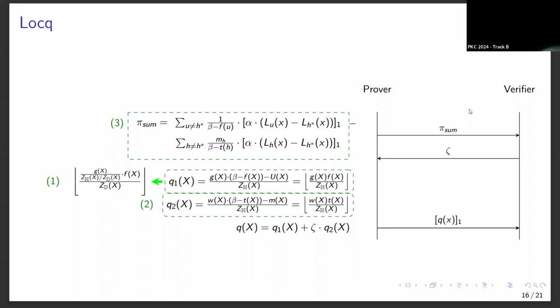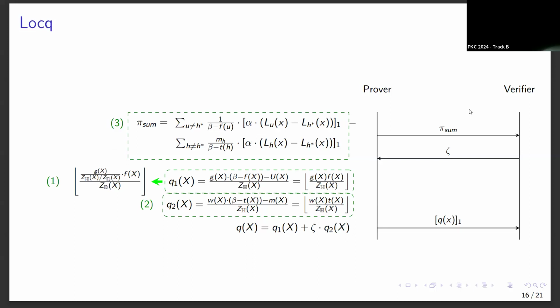Without diving into much detail, I will only summarize that the challenge here is to generate the polynomial commitments to these two quotient polynomials, Q1(x) and Q2(x), and the prover needs to do this in time that is independent of the table size, that is the size of the bigger domain. However, here the two polynomials in the definitions involve polynomials of the bigger size. So that's a challenge. And for Q2(x), everything is the same as in CQ.